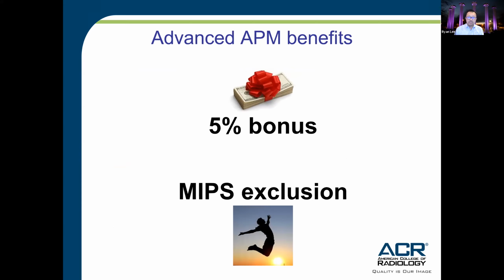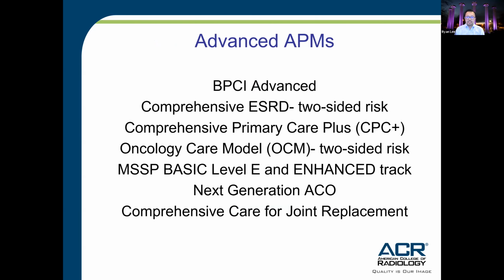If you're not in one of these advanced alternative payment models, you're a part of MIPS. So if you're in an advanced APM, this is just an example of some of the advanced APMs, and essentially they all describe some component or some form of shared savings, and showing decreased cost and good quality. Then you can have some of that shared savings. And conversely, if you don't, then you're going to owe money if you spend too much money.